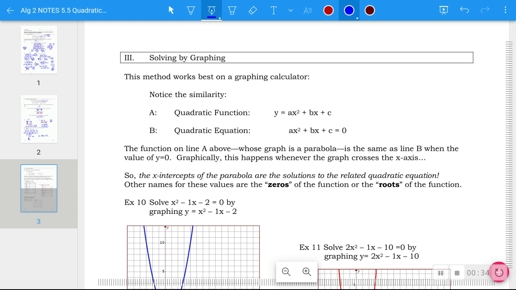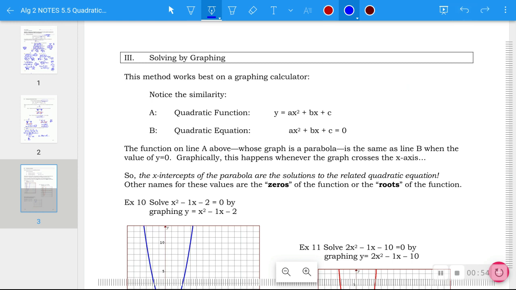So what we have here is a quadratic equation in standard form, and you can see it says equals 0 over here. And right above it, I have a quadratic function. I don't know if you remember, but we did this earlier where we graph these and you get this shape called a parabola.